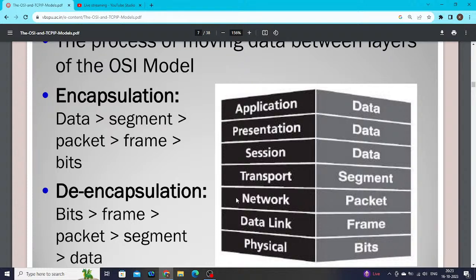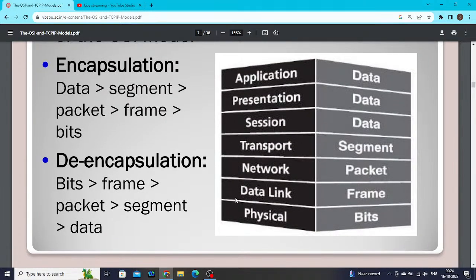The network layer converts the frames into packets, sends them to the transport layer, and the transport layer converts packets into segments, and then segments are sent to the session layer. The session layer works on the segment to data. These three upper layers generally work on the data part. So data, segment, packets, frame and bits.